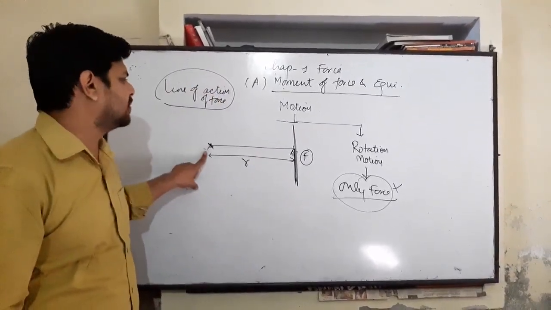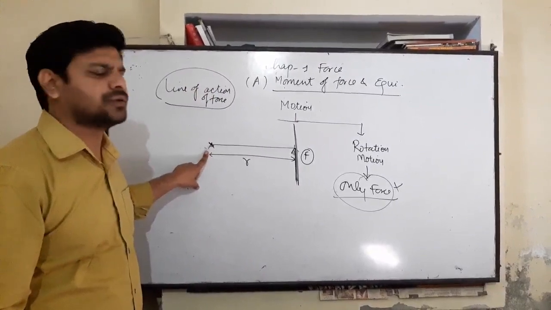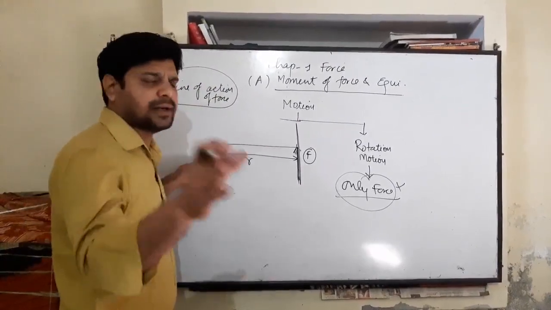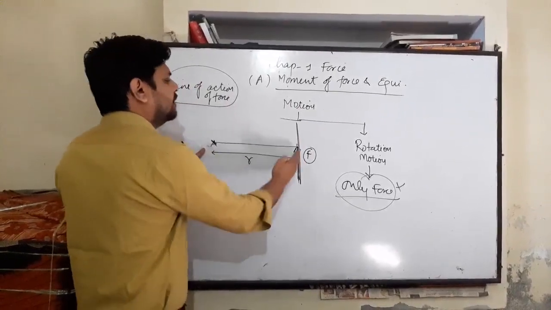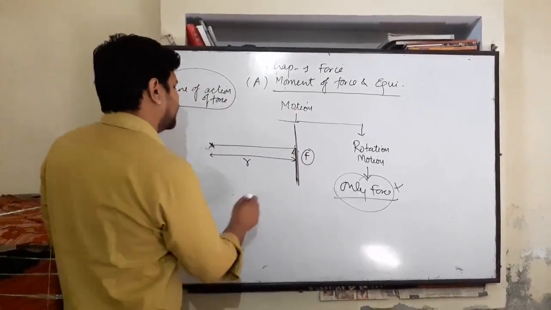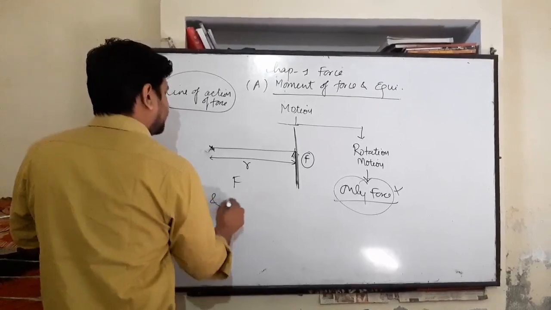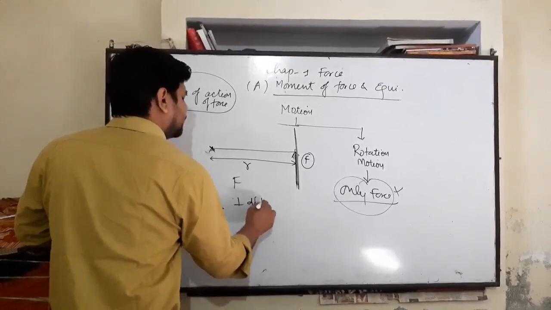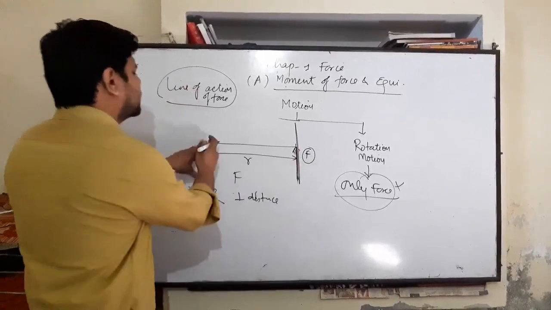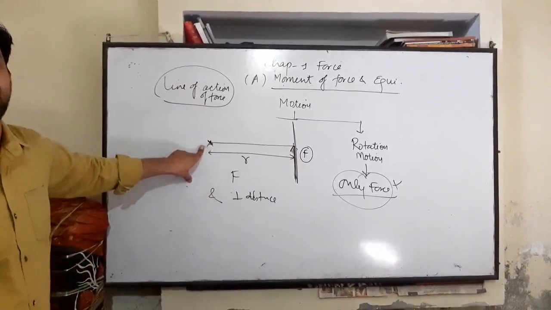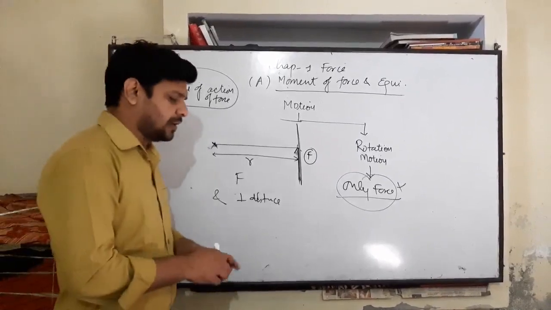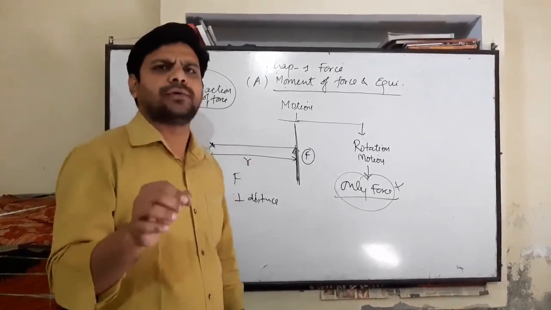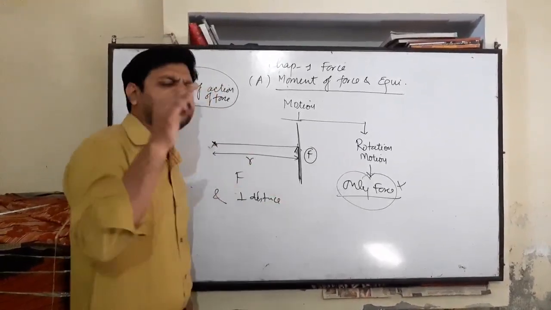And where is the axis of rotation? This one. So we have to take the perpendicular distance between the line of action of force and the axis of rotation. These two factors, force and perpendicular distance, provide rotation. Always remember, only force produces only straight line motion.